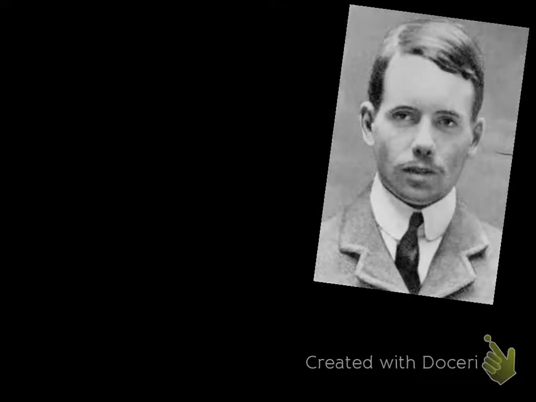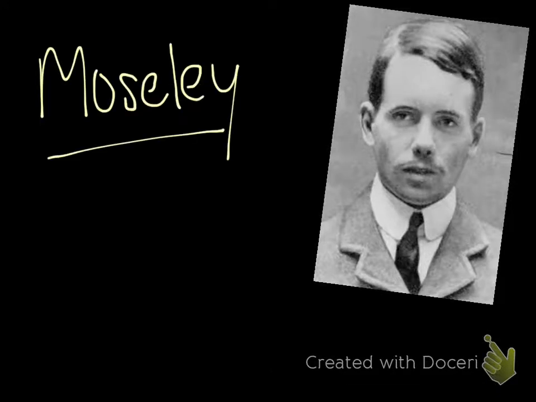Now, enter Henry Moseley, a British physicist. Moseley began to do some work with the periodic table and used X-ray spectroscopy, that's bouncing X-rays off samples of various elements, to determine that there was actually a physical and a mathematical basis for atomic number.